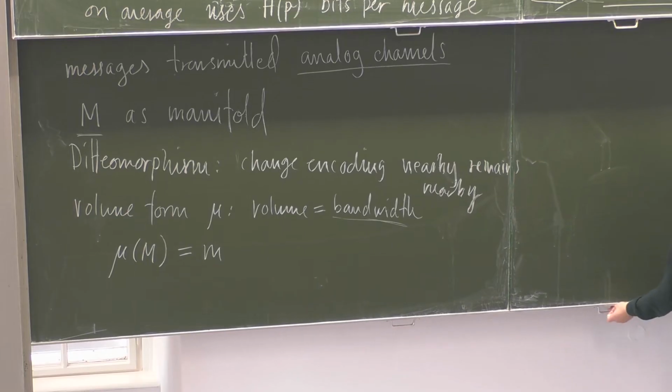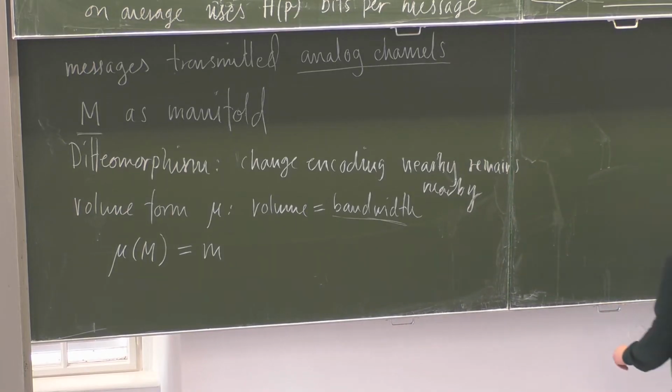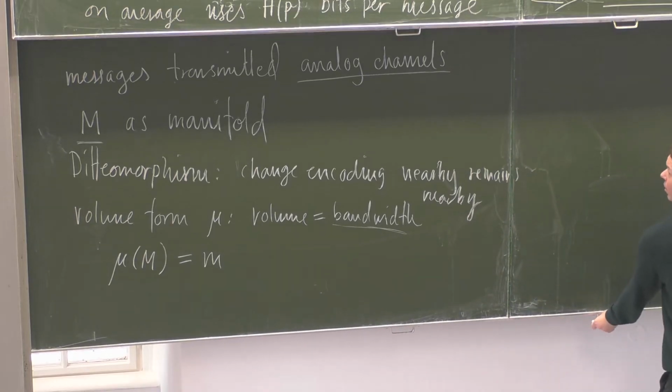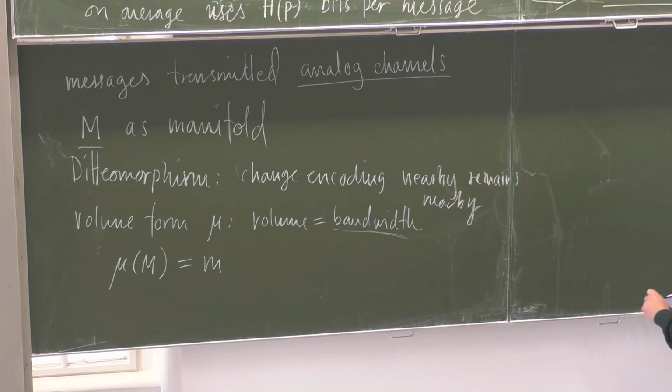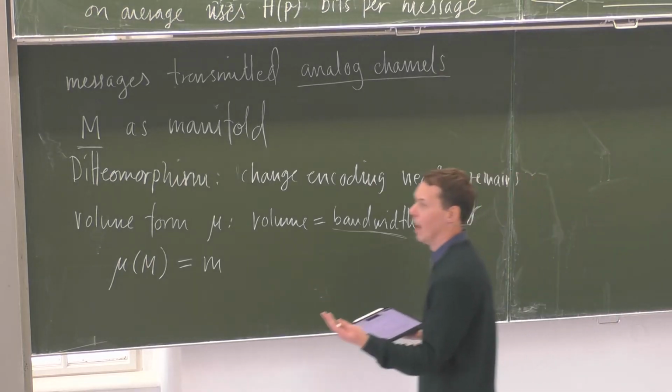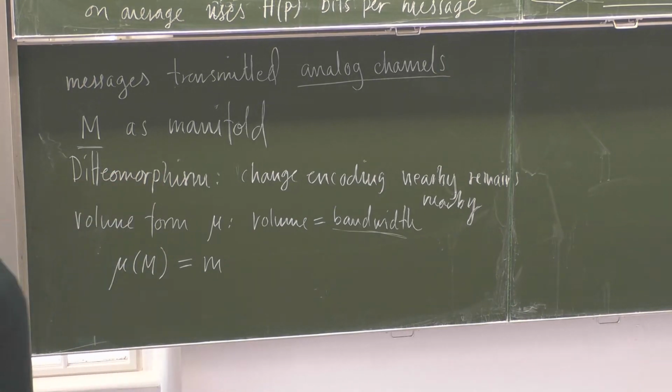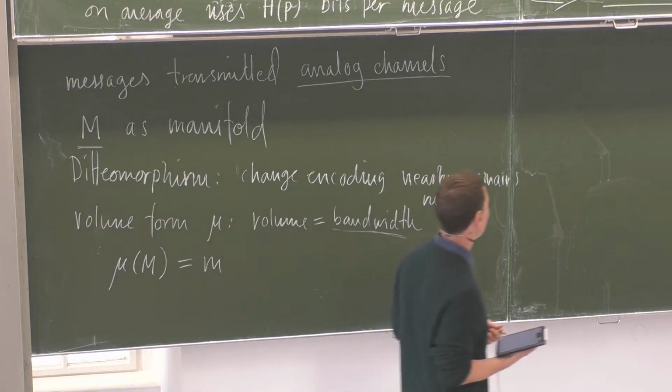So then you see from this, if we now connect back to entropy, now I have a message of analog signals. When I receive messages from this, there's some probability distribution associated with that. Let's call it rho.